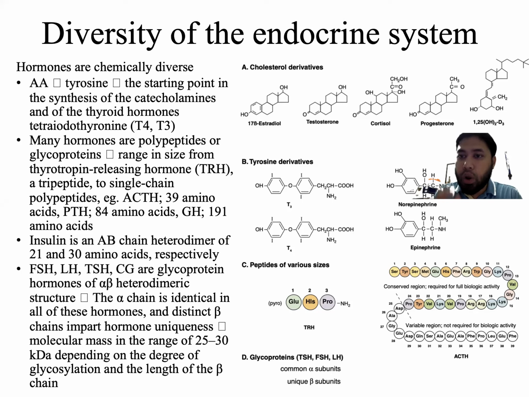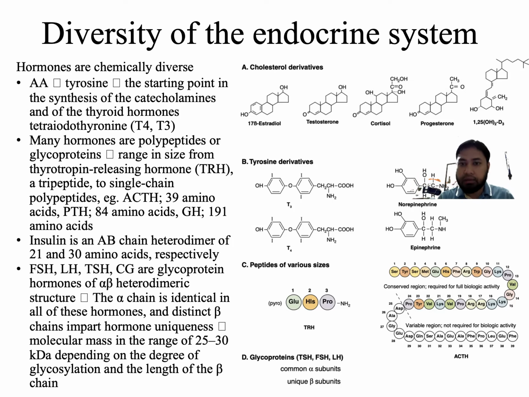It's just where there is the addition of oxygen or a hydroxyl group or another ring, okay? So these are the differences, but all of them originate from cholesterol. That's why we call these hormones cholesterol derivatives. They are derived from cholesterol.